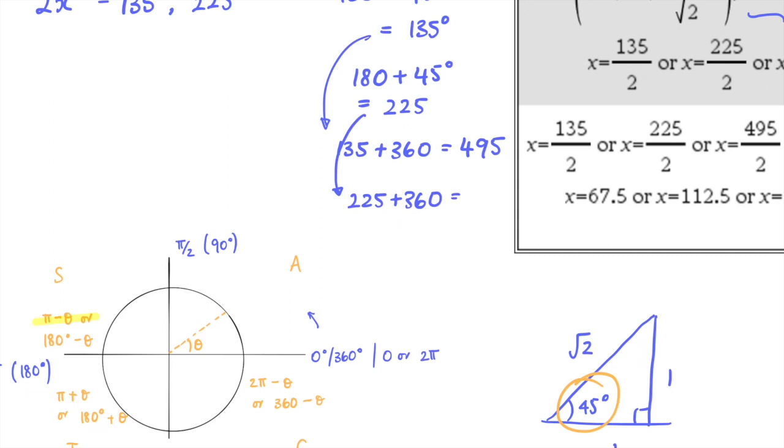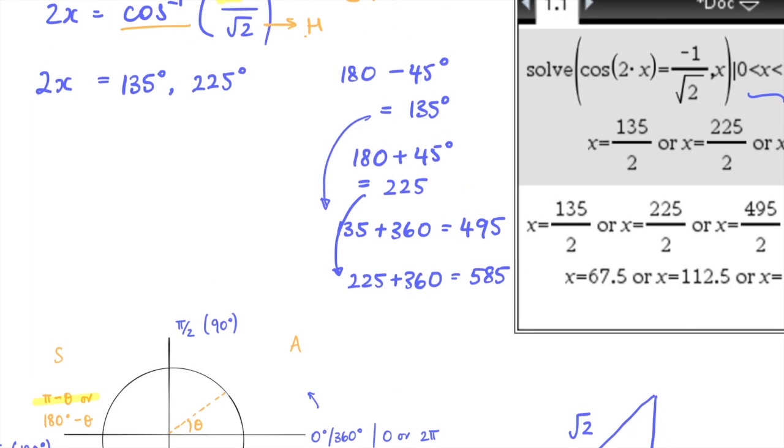And that's going to give me 585. So now writing this here, 585 degrees. I'm just going to move this over. We're obviously not done yet because we are solving for x.